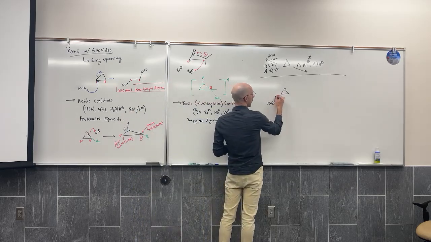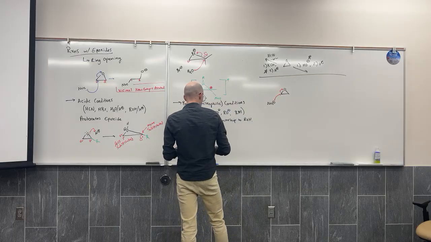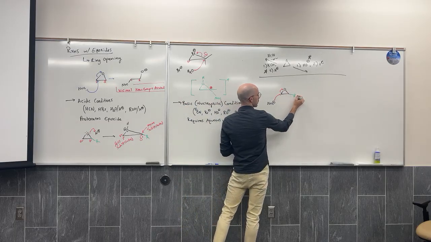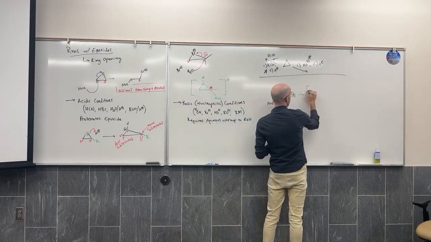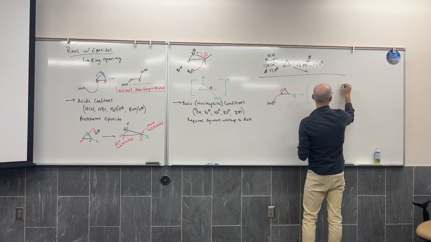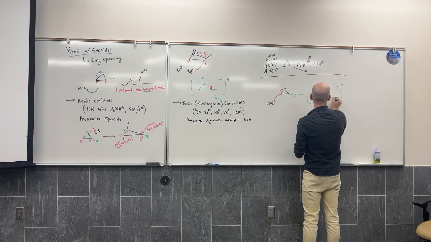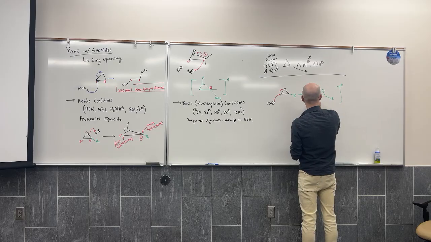So the nucleophile attacks at the less substituted position, again assuming that one of these sides is more substituted than the other. And this is what gives us the other transition state, where essentially a negative charge is held by the carbon.